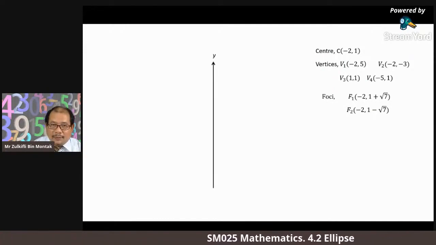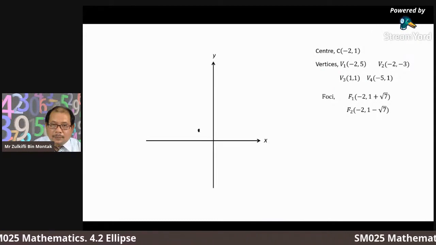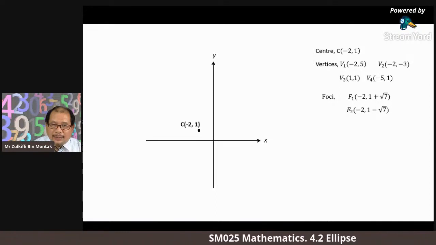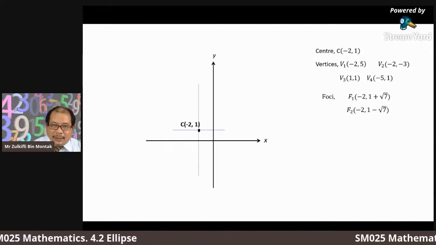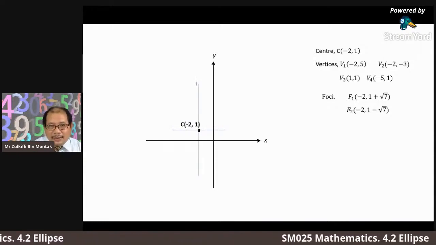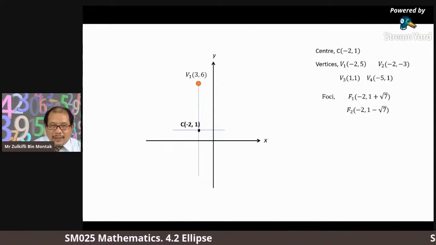Now we plot the graph. This is the center (negative 2, 1), the minor axis, and then this is the major axis. The first vertex is (negative 2, 5).